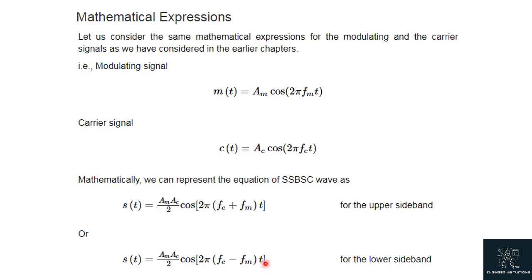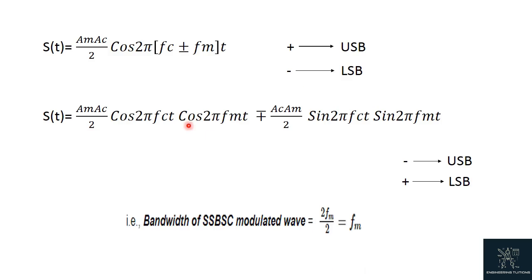Now applying the formula of cos(A plus B) or cos(A minus B), we get s(t) is equal to Am Ac by 2 cos 2 pi fc t into cos 2 pi fm t minus or plus Ac Am by 2 sin 2 pi fc t into sin 2 pi fm t. Here the minus sign in this expression is for the upper sideband and the plus sign is for the lower sideband.